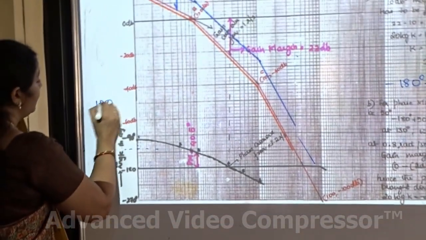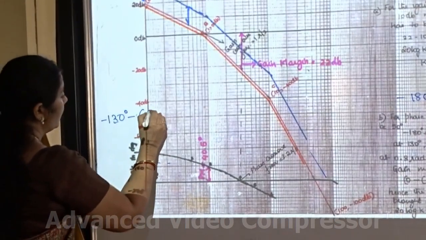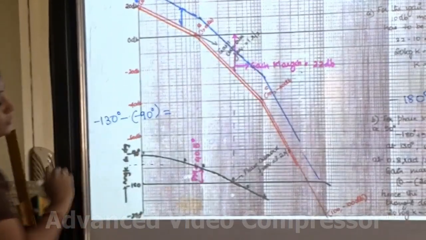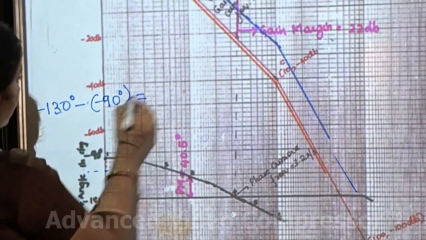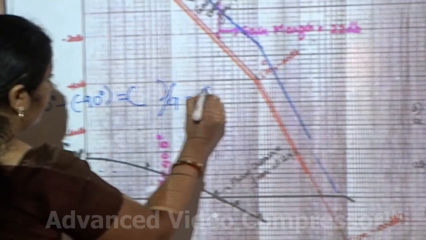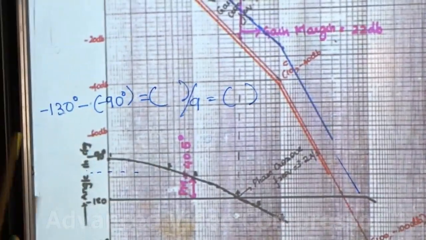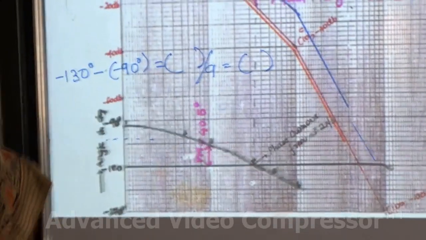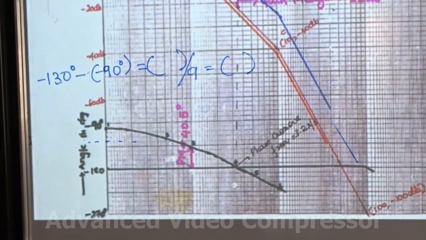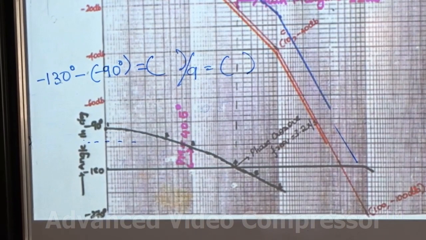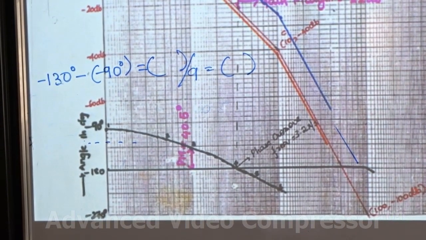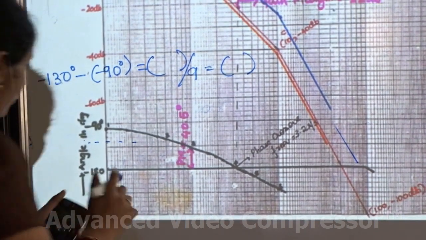Minus 130 minus of minus 90 degrees, divided by 9, whatever you get, we'll calculate by how many divisions you have to come down. It will be around 4.4 divisions.